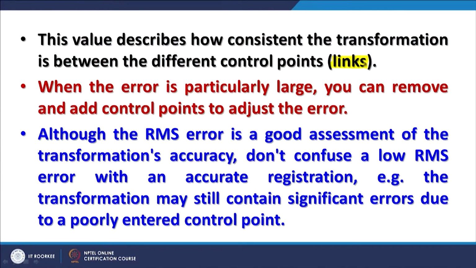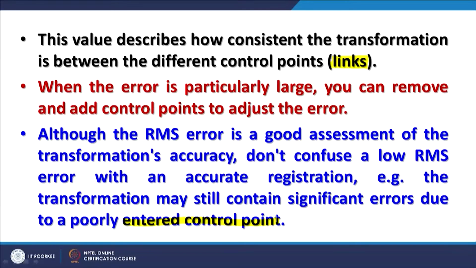Although this RMS error is a good assessment of the transformation's accuracy, one should not confuse a low RMS error with an accurate registration. For example, a registration may still contain significant errors due to a poorly entered control point, because it depends on how reliable that control point is.